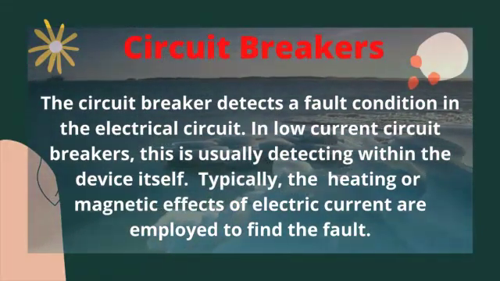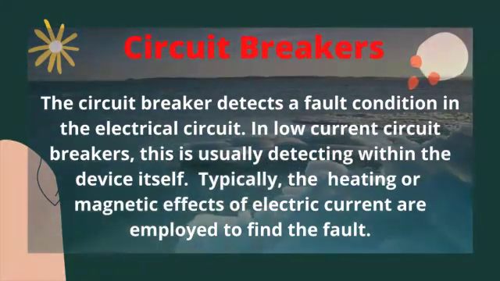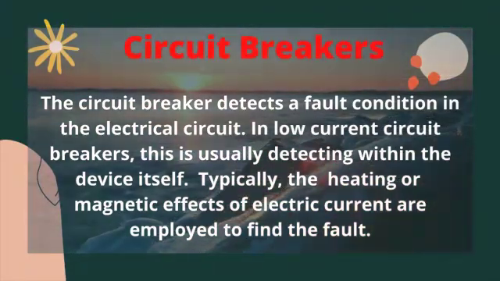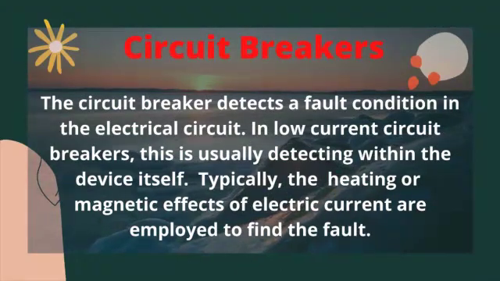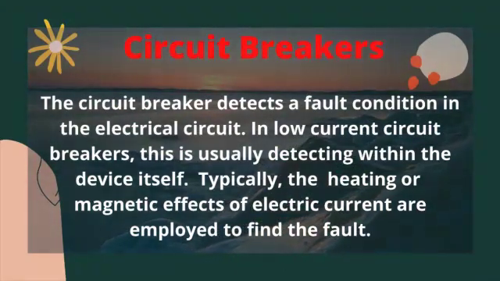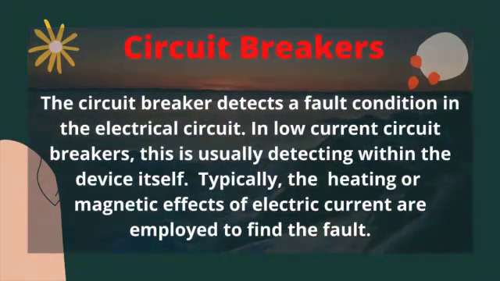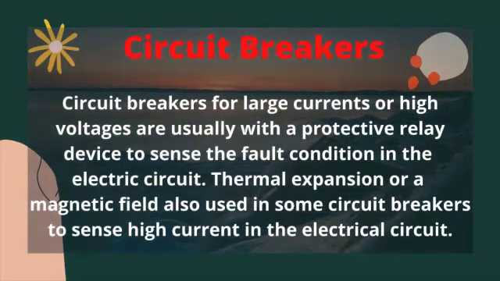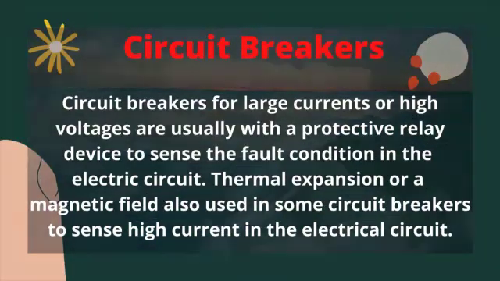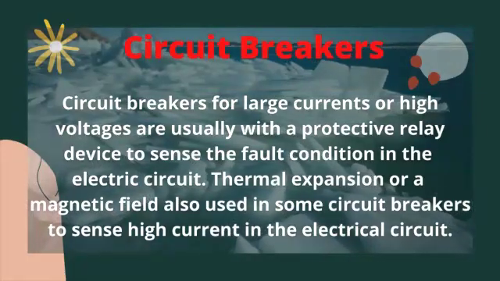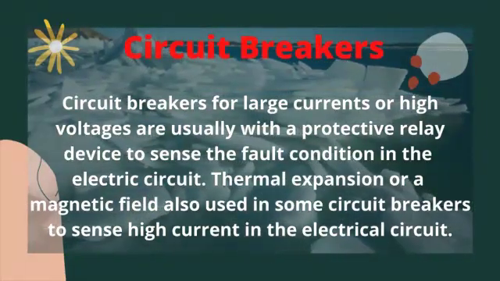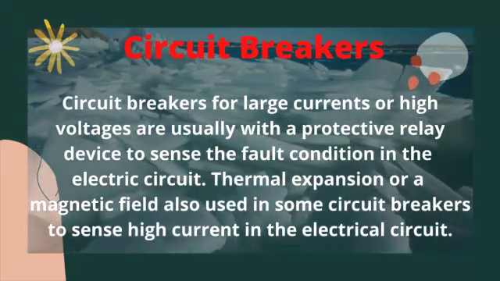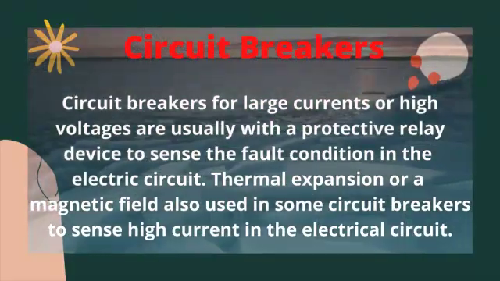Typically, the heating or magnetic effects of electric current are employed to find the fault. Circuit breakers for large currents or high voltages are usually used with a protective relay device to sense the fault condition in the electric circuit. Thermal expansion or a magnetic field is also used in some circuit breakers to sense high current in the electrical circuit.